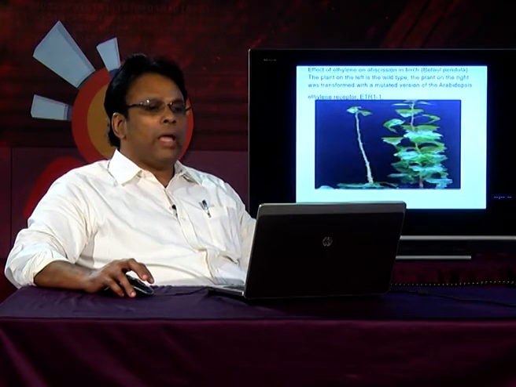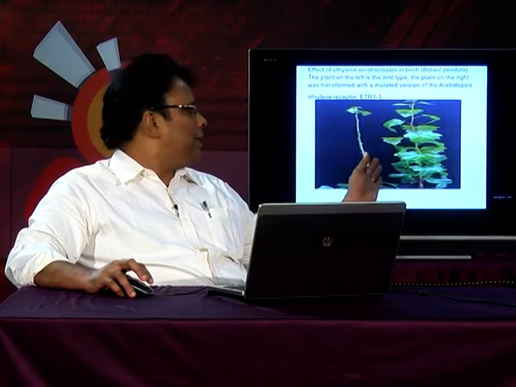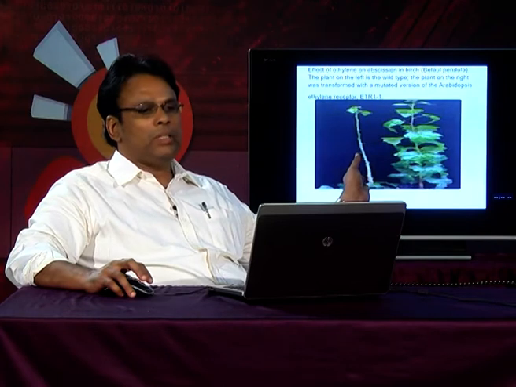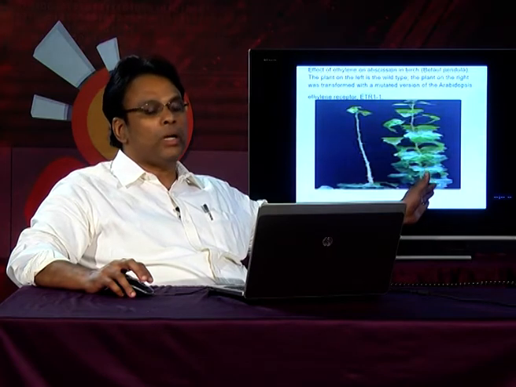Effect of ethylene on abscission in birch, Betula pendula. The plant on the left is the wild type, with ethylene action. The plant on the right was transformed with a mutated version of the Arabidopsis ethylene receptor ETR1.